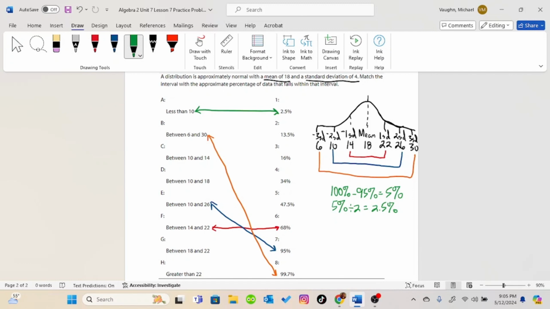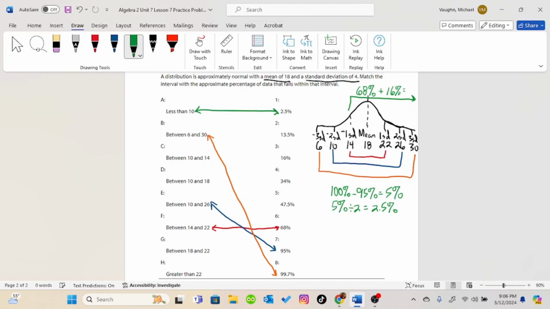Next, we have between 10 and 14. Well, we know that from here up, we've got 68% plus the 16% that would be above it.